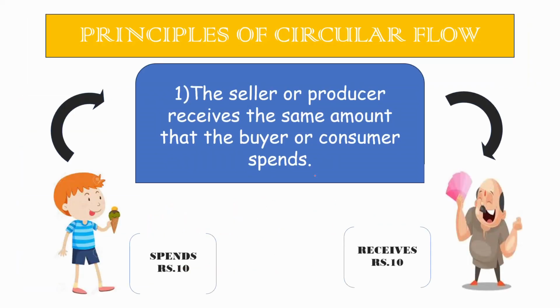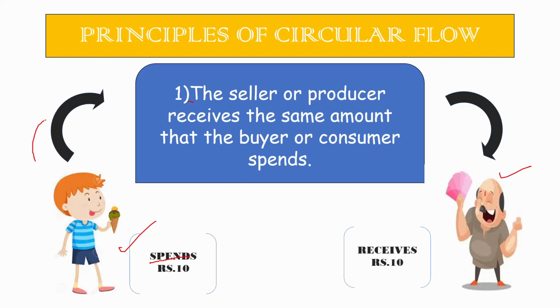The next are two basic principles of circular flow. There are two principles that are to be kept in mind in a circular flow. The first one is very simple. The seller or producer receives the same amount that the buyer or consumer spends. For example, if this child buys an ice cream and spends rupees 10, that means he gives the shopkeeper rupees 10.